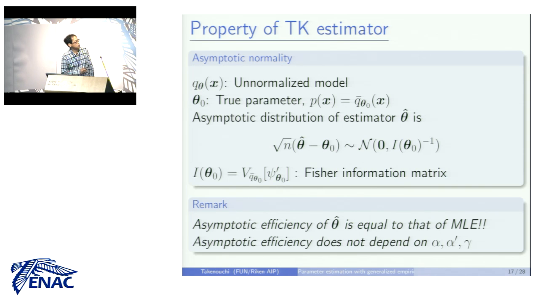So this is one important remark. I think the asymptotic efficiency of this estimator is equal to that of the MLE. The asymptotic efficiency does not depend on the choice of alpha or alpha dash or gamma. So this is an important point.